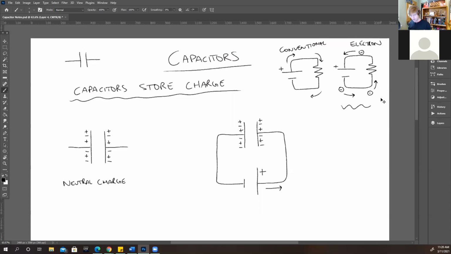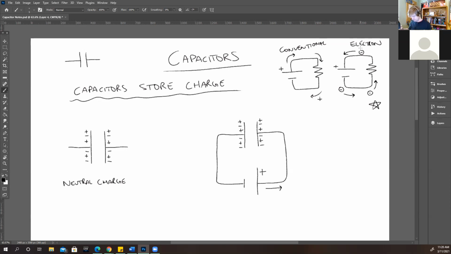So there had to be a decision, and Benjamin Franklin looked at this and said, well, it looks like positive current is going out of this. And so I'm going to say there's a positive direction this way, when what's actually happening is the negative electrons are flowing this way.